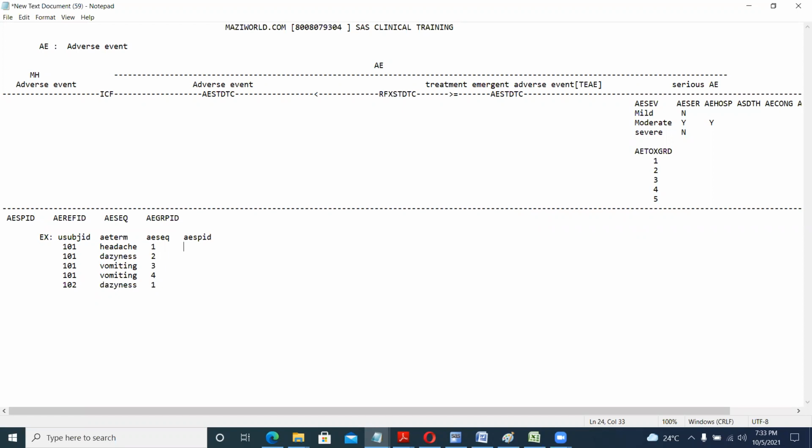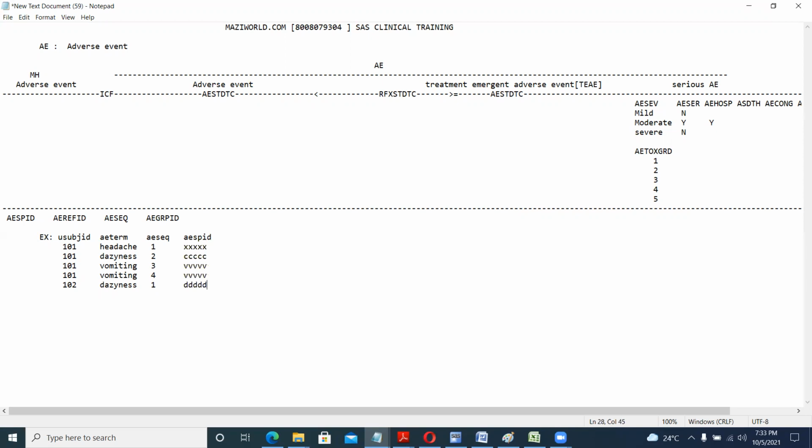Based on the AE term, headache will have one ID, dizziness will have one ID, vomiting will have another ID, and dizziness again will have another ID. So the IDs will be represented like this.